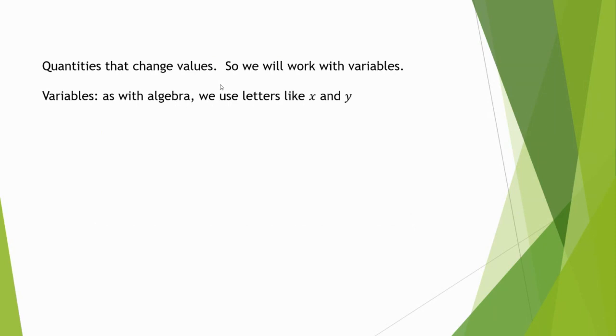So basically when you're dealing with relationships, like height and age, for instance, those are quantities that can change value as time goes on. So there are certain quantities we're going to be dealing with where certain values will change. And because of that, those are going to be variables. So we will, in particular, work with variables.